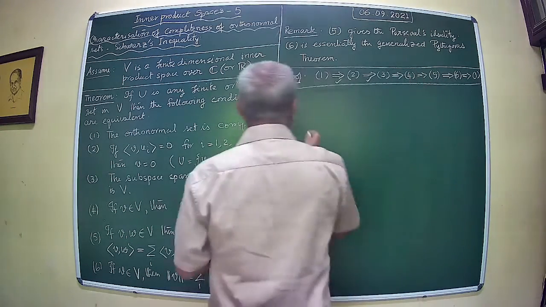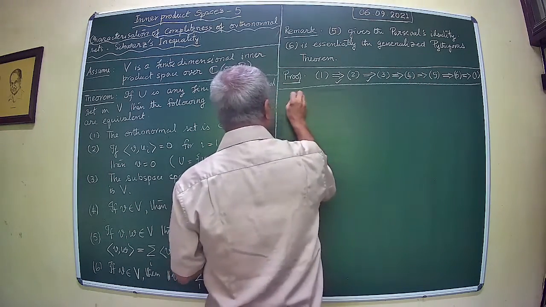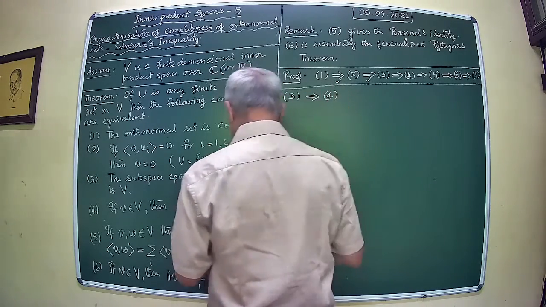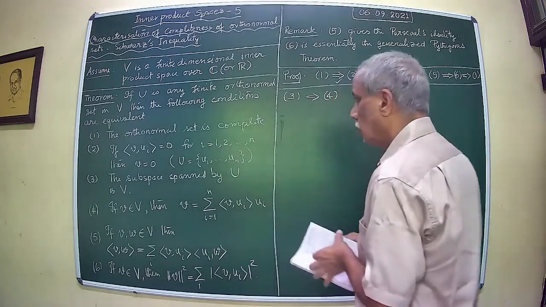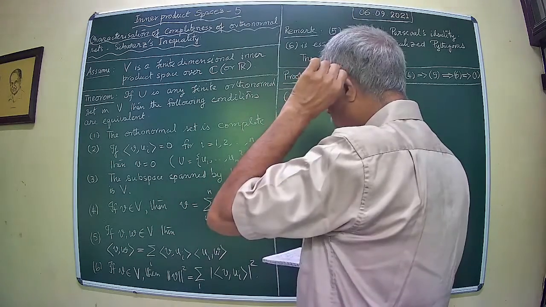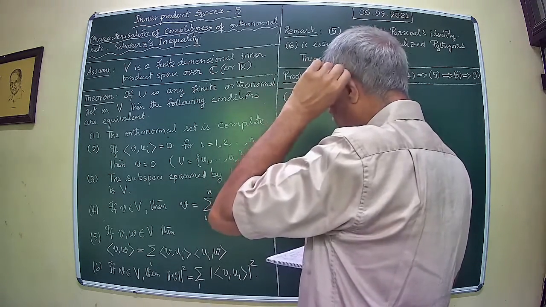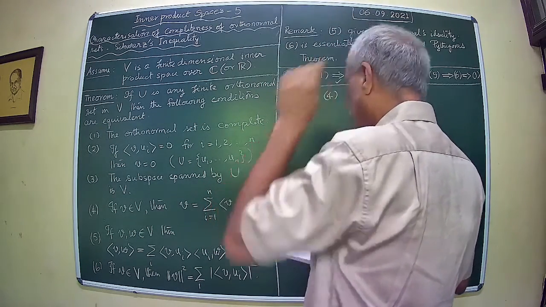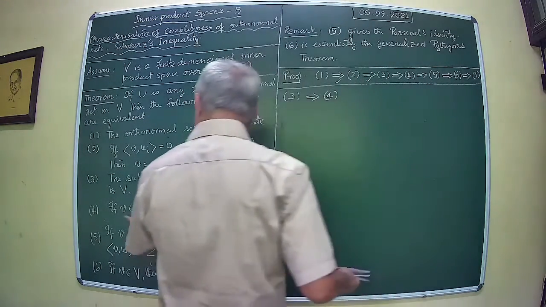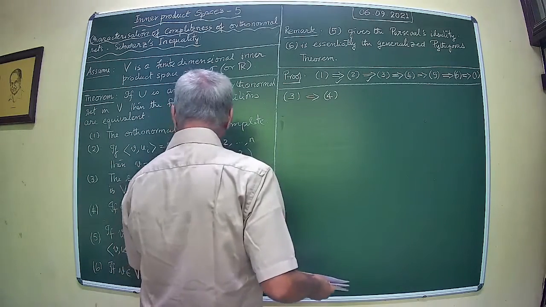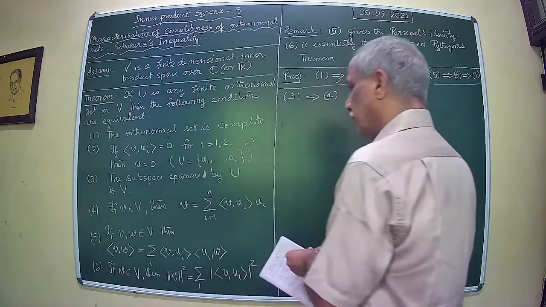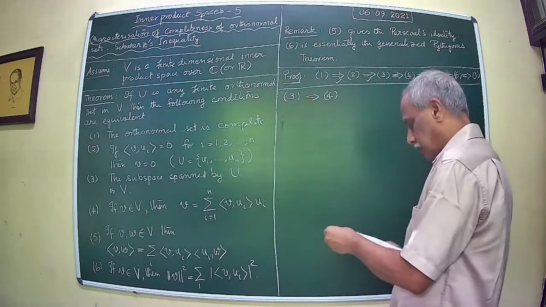Now we assume 3. What is 3? Statement 3 is that the span of U is equal to V. Then what we assert is that every V belonging to V can be expanded in terms of U1, U2, etc., Un. So let us prove that.